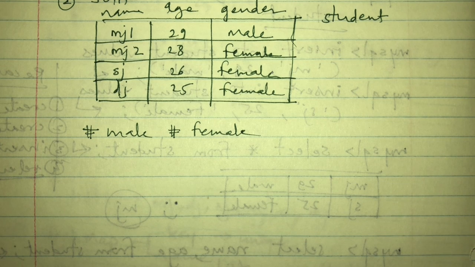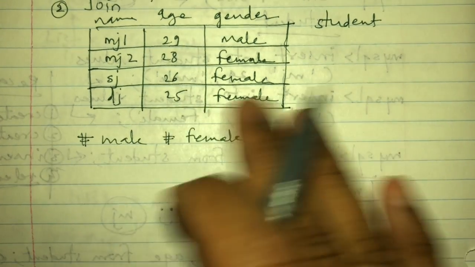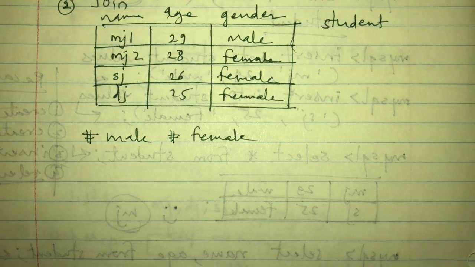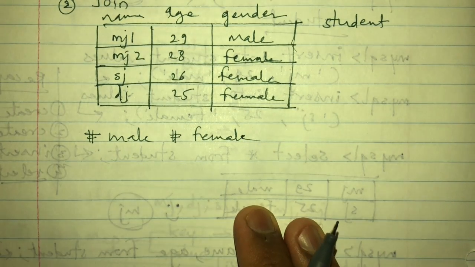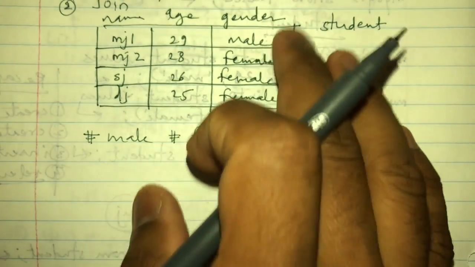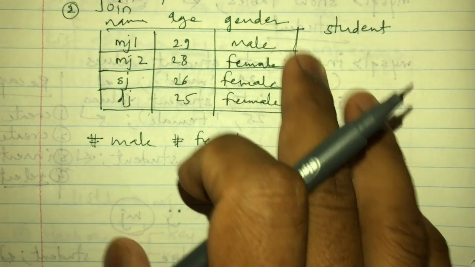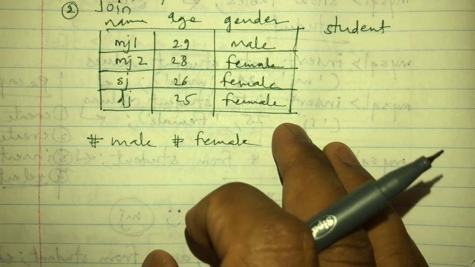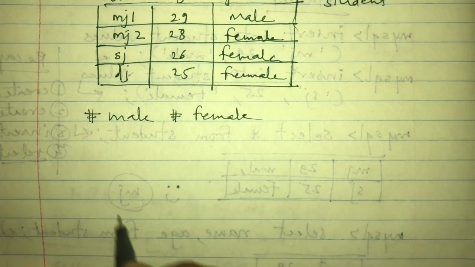So the way group by works is it will go through all the records that you have in your table, and then it will create an intermediate output, and as the last step it will group the output as per the column that you have given in your SQL query. So let me show you how it works.